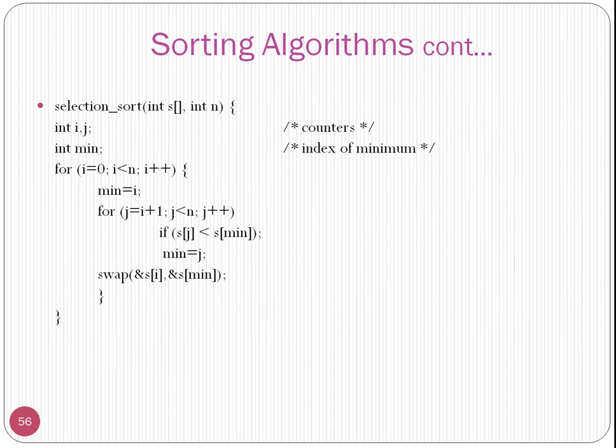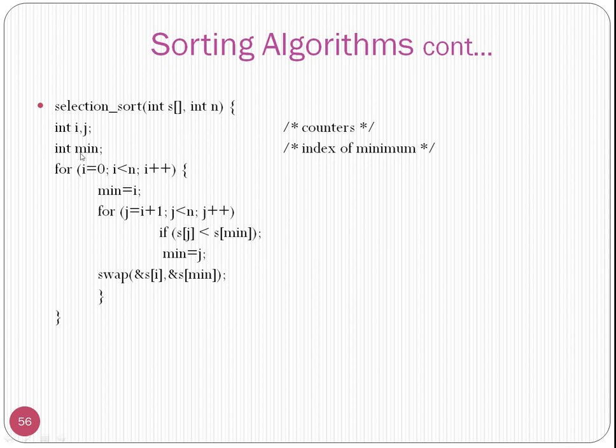Here we'll see how the iteration happens in selection sort. We have considered one function, selection sort, with the arguments int s[] and integer n, and it has two variables i and j, which are used as counters.